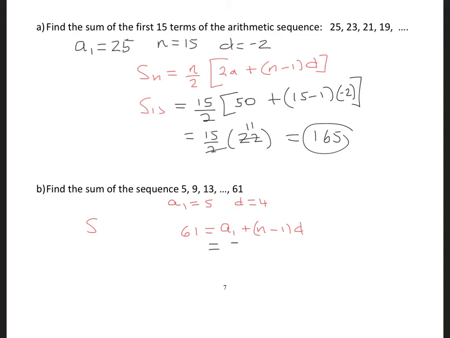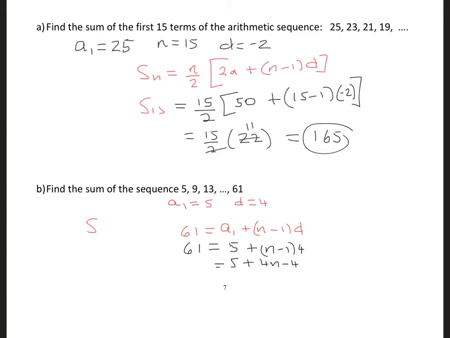So this is the first term, 5, plus n minus 1 times d, which is 4, equals 61. That means 5 plus 4n minus 4.